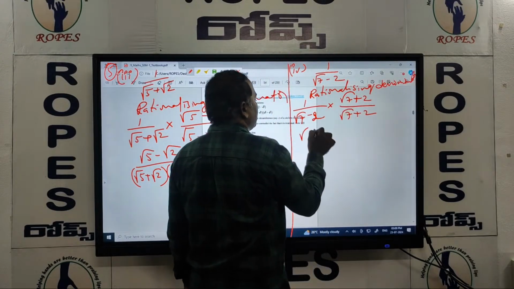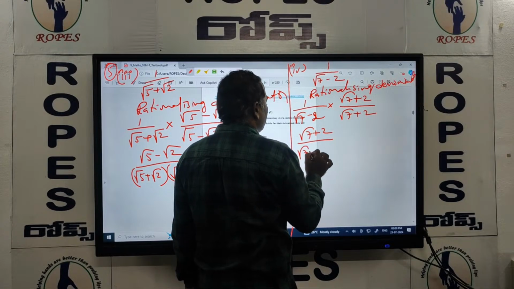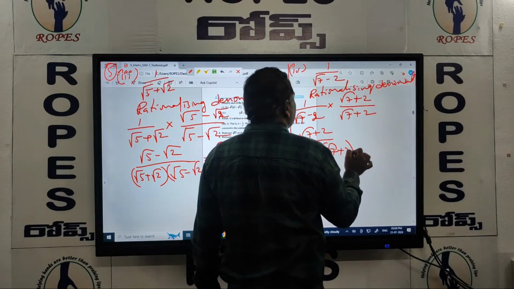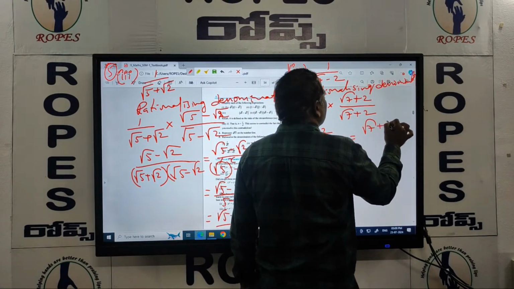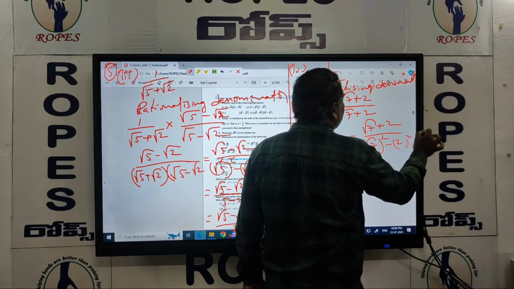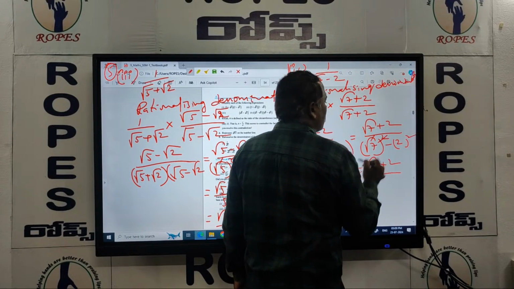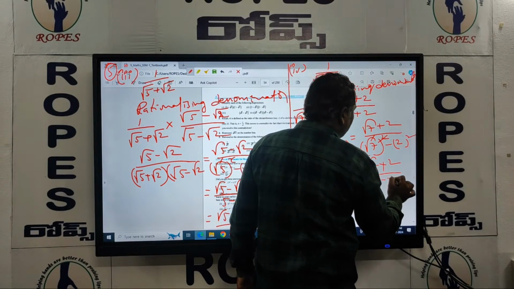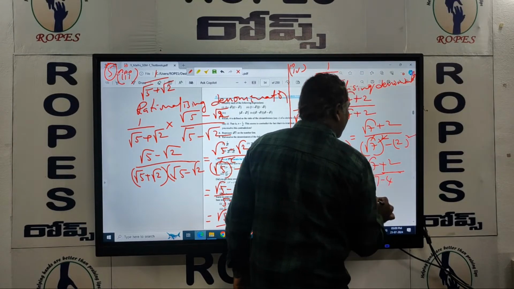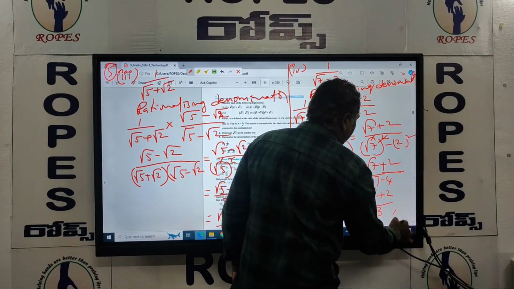After multiplying this, root 7 plus 2 by root 7 minus 2 into root 7 plus 2. So here root 7 plus 2 by root 7 whole square minus 2 square. Then root 7 plus 2 by, the square root cancels, 7 minus 4. We are getting 7 minus 4, then root 7 plus 2 by 3.